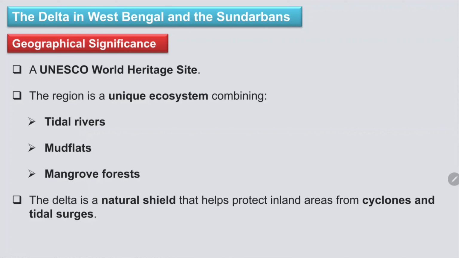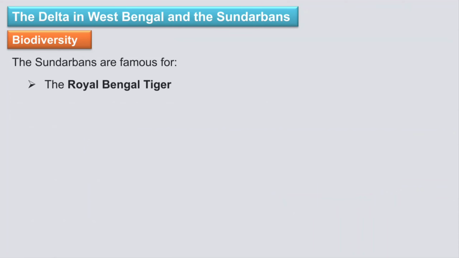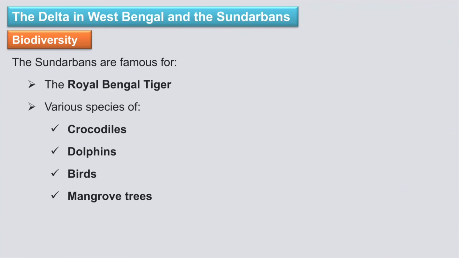The delta is a natural shield that helps protect inland areas from cyclones and tidal surge. And if we talk about biodiversity, the Sundarbans are famous for the Royal Bengal tiger, and various species of crocodile, dolphin, birds and mangrove trees are found there.